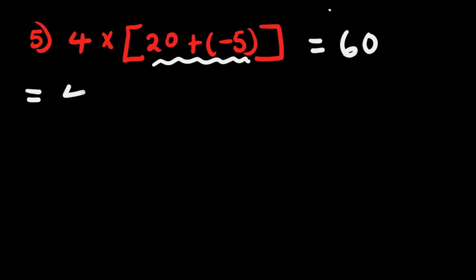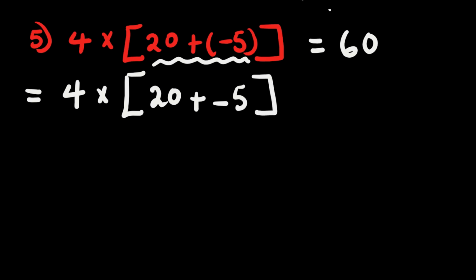So our approach now should be 4 times, we leave this as it is, then say 20 plus minus 5. Then notice that here we have a plus and a minus in the same place.